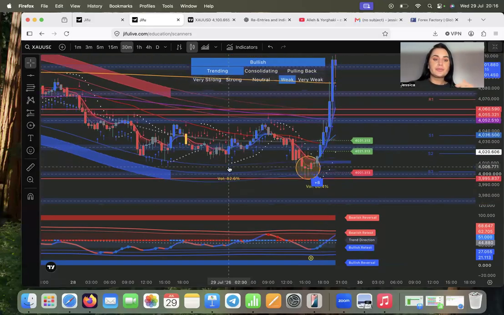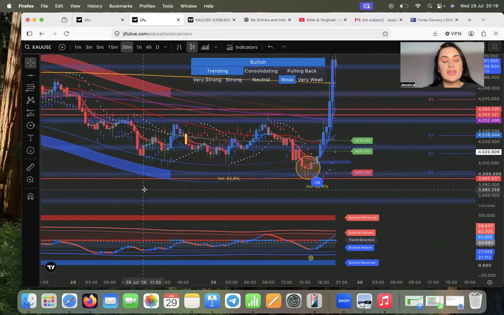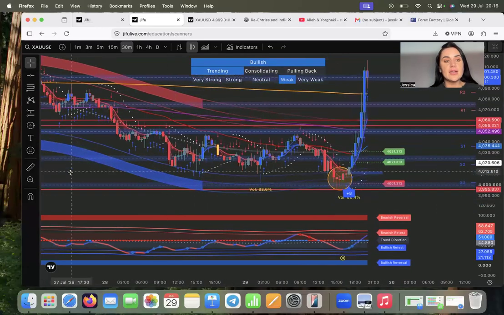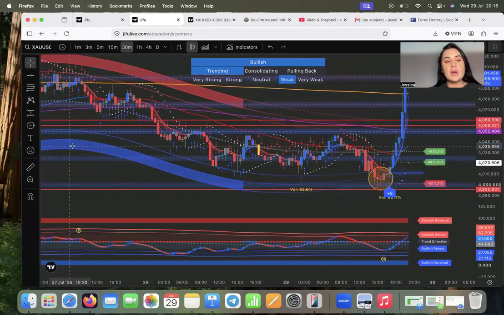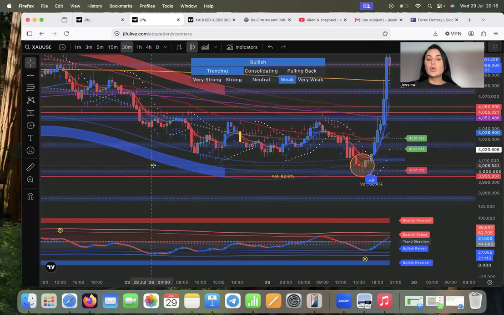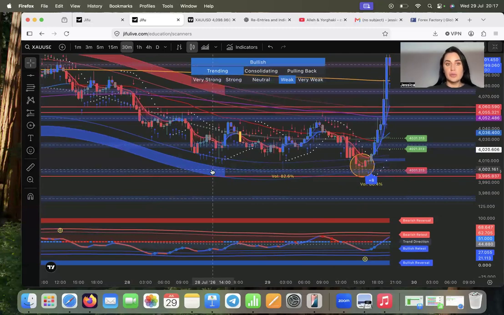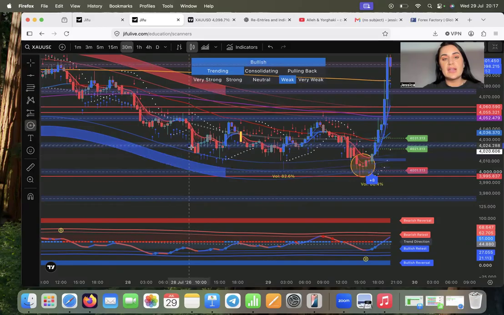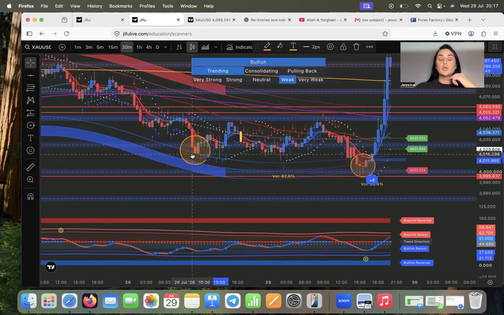Also, I want to go over this line here. Can you guys see this? I have my Bollinger Band here and then I have a blue outer line. Sometimes price doesn't like to always come into the Bollinger Band zone. We want it to, but sometimes it doesn't. Sometimes you'll see price bounce off of the outer line, and you can see this perfectly here with these two candles. This is an order block.